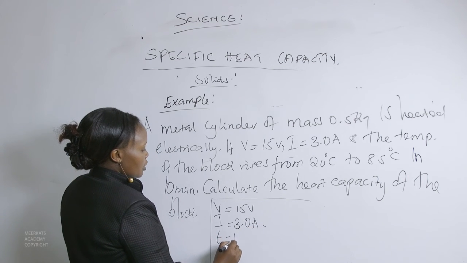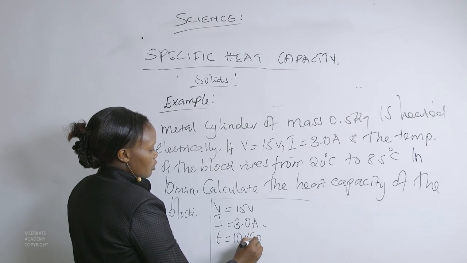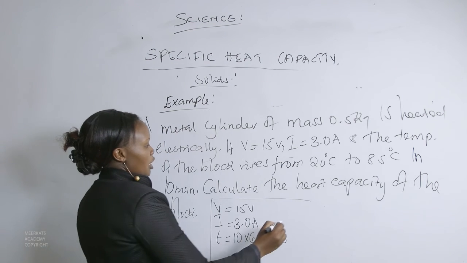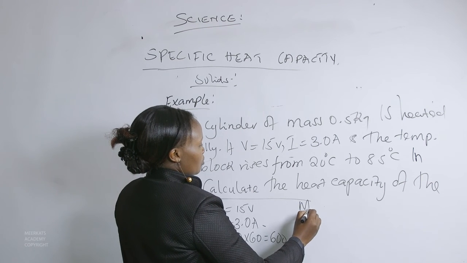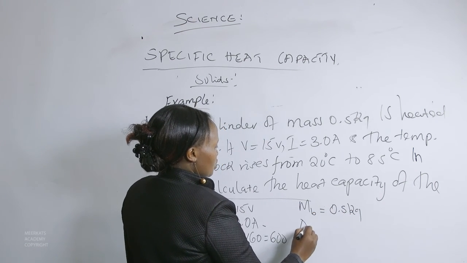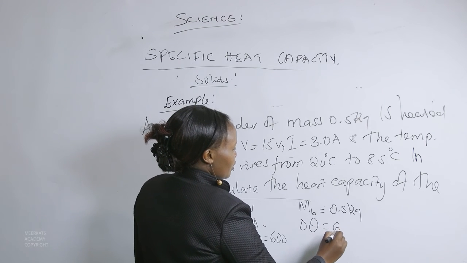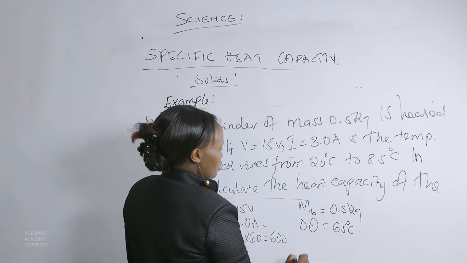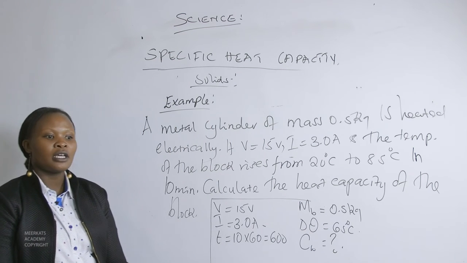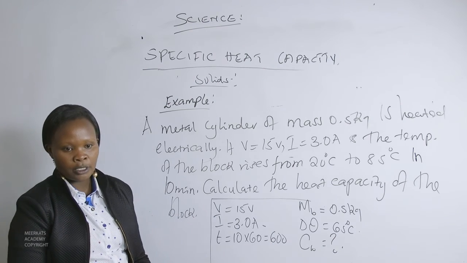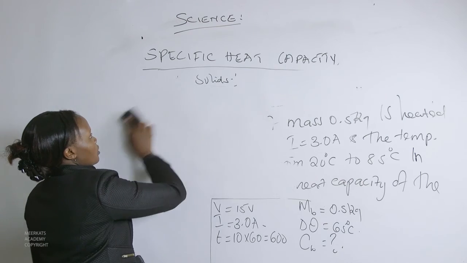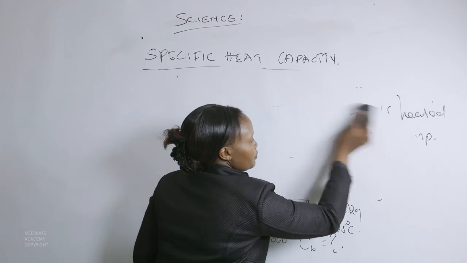Then the time is 10 minutes. Of course, we change to seconds by multiplying by 60. Then we have the mass of the block given as 0.5 kg. Change in temperature is 65 degrees Celsius. Then we are supposed to calculate the specific heat capacity of the block.